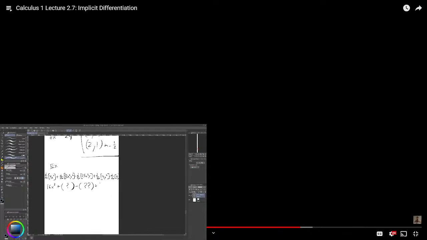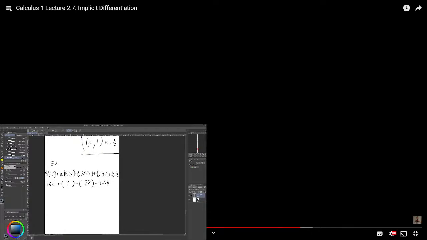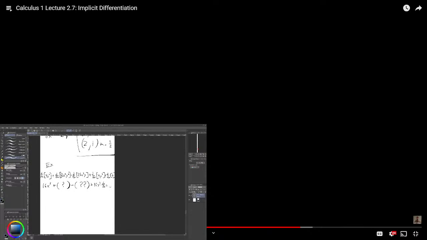Plus, okay, I can do this. Is this another product rule? Yep, maybe I could use general power rule for this one instead. So 16y to the third times dy/dx. I hope that works. Equals 0.